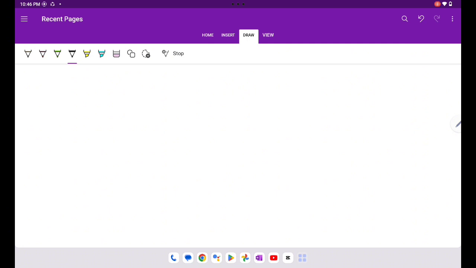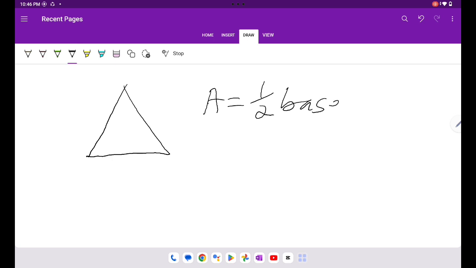Number one, if we have an acute angled triangle. Now remember that the area of a triangle is half base times height. So if we want the area of the triangle, we can draw a height this way, or this way, or that way.